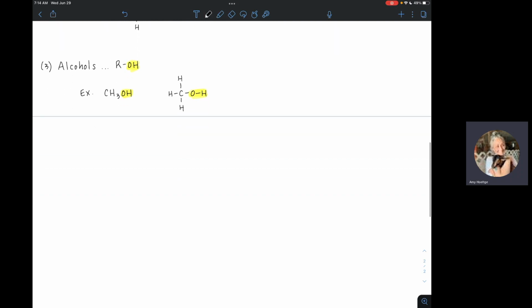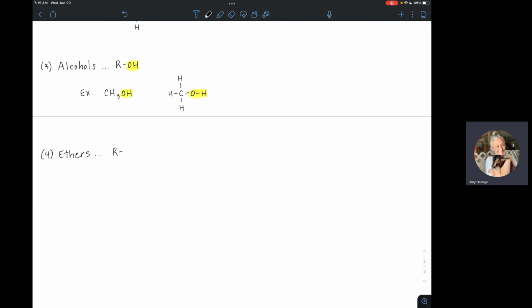Like right now, let me show you an ether. So ethers, they look like alcohols, but I'm going to replace the hydrogen with another R group.